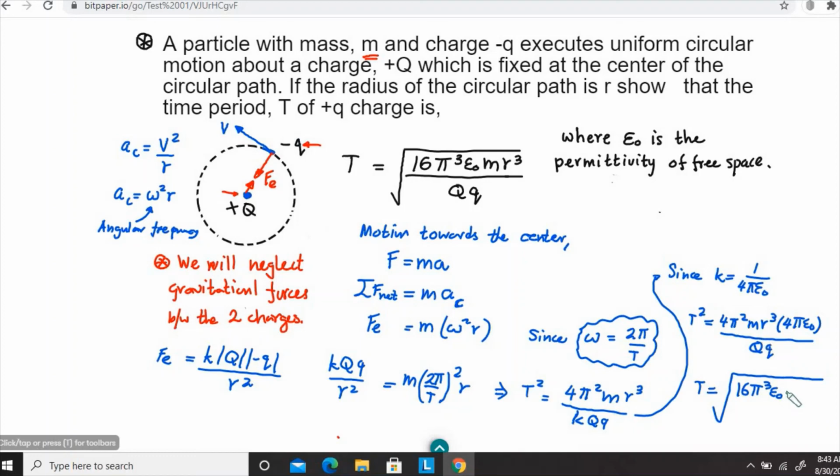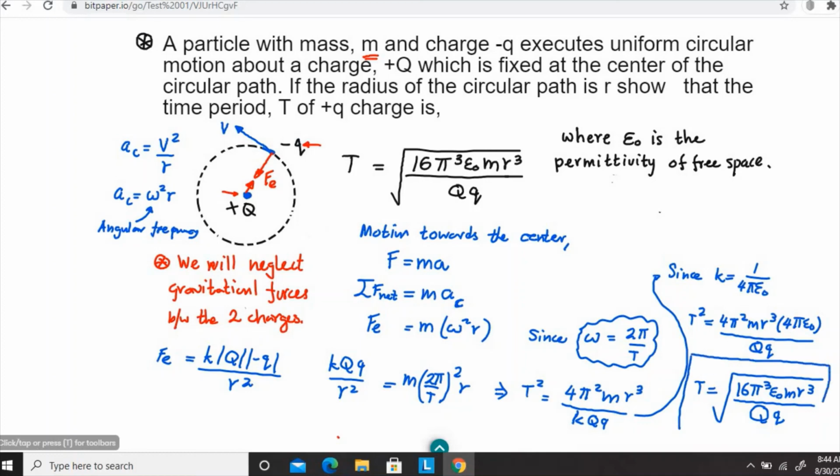And then the m, the mass of the particle that is moving in the circular track. And then finally r cubed, the separation between the two charged particles, or the radius of the circular track. And then I'm going to divide this entire thing by the product of the two charges, uppercase Q times lowercase q. So that's how you get this algebraic expression for the time period.